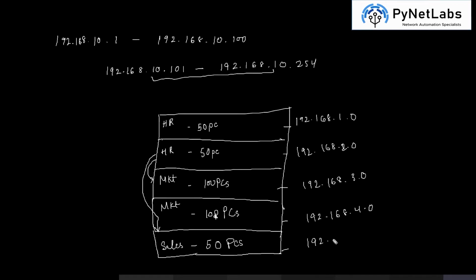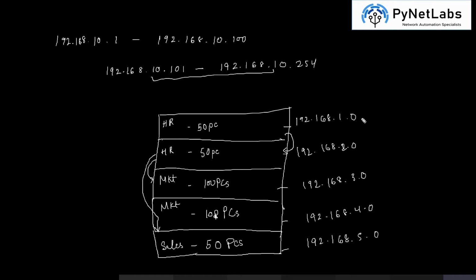And at last, in this case, I want you to answer this in the chat, whether the HR department will be able to communicate with this floor, or the other department of HR, or with marketing department, or with any other department sitting on different floors. Correct. So I can see no from everyone, and that's very correct. They cannot communicate with each other since they are in different ranges of IP addresses.